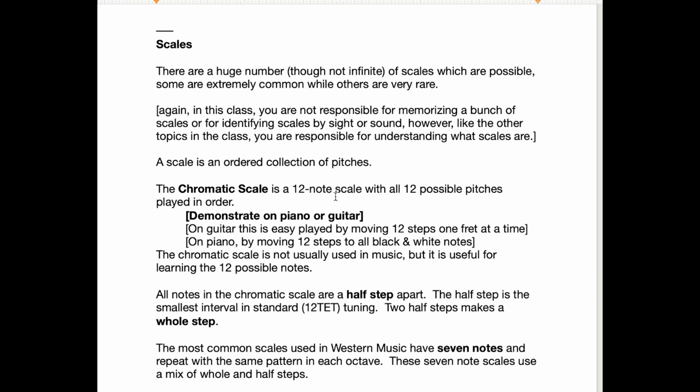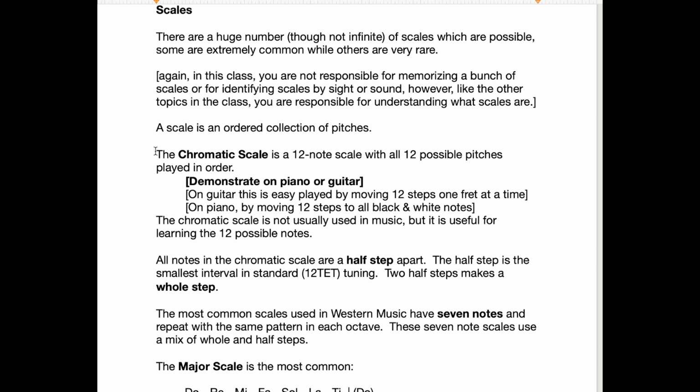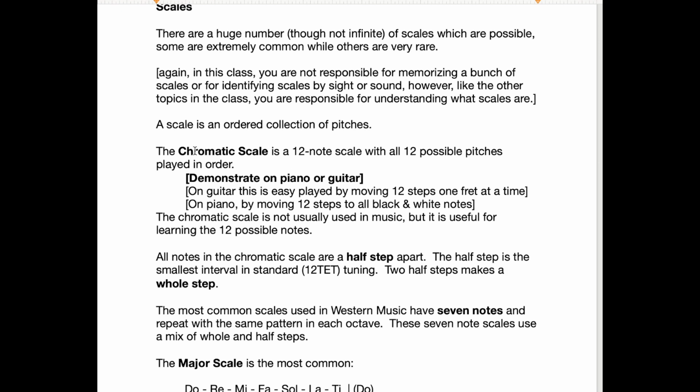So the first one I want to talk about is the chromatic scale. And while it's not the most musical, it helps reinforce our understanding of the tuning system. So the chromatic scale is simply the 12-note scale that ascends with all or descends with all of the 12 possible pitches.